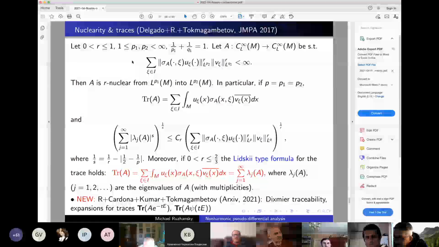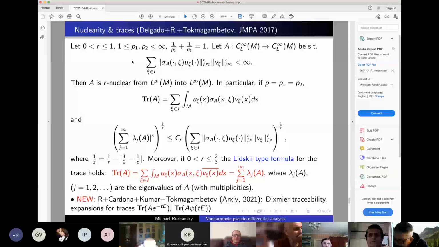So if you think about singular numbers, singular numbers are eigenvalues of the modulus of the operator, and for the modulus of the operator we have to compose the operator with its adjoint. But if they have different domains of definition, as already in the example which I gave with the modification of the classical Fourier analysis, they have different domains. We cannot compose the operator with its adjoint because they have different boundary conditions. So then we cannot define the singular numbers in the standard way.